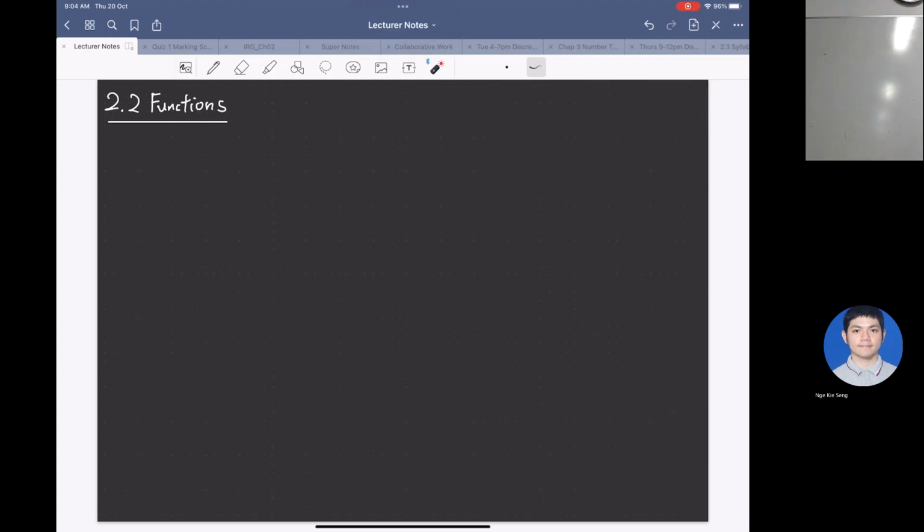So what we have covered is propositional logic. You can write sentences that you can decide whether it's true or not. And then we introduced sets so that you can use the set builder notation to gather the elements you want into a set.